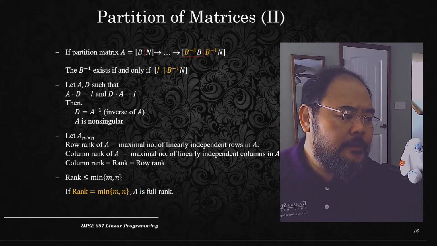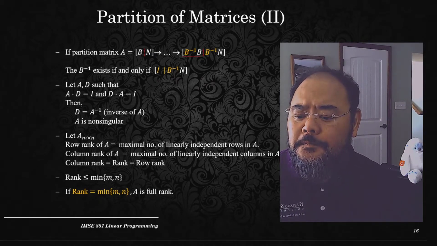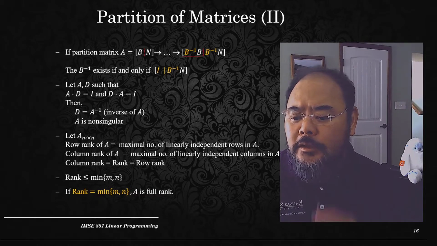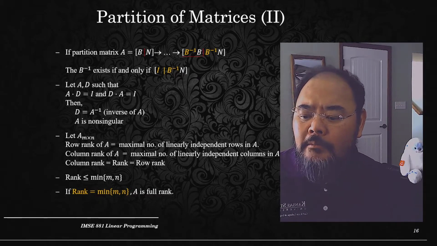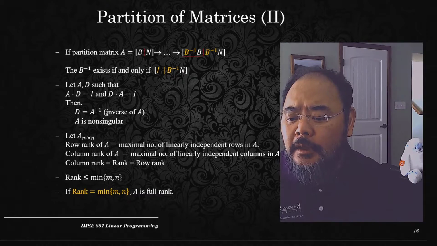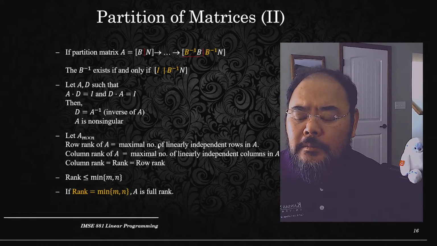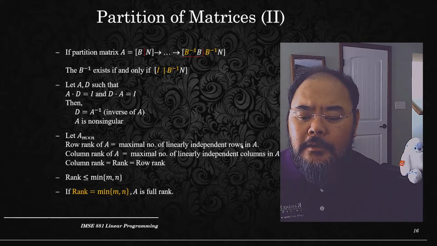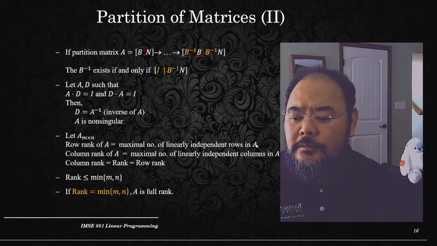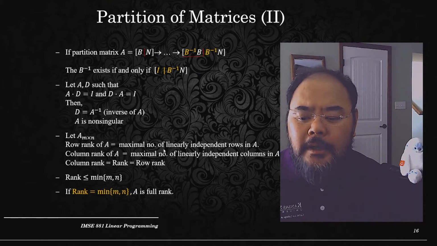So this is what we have. Look at the rectangular m by n matrix A. The row rank of A represents the maximum number of linearly independent rows in the A matrix. Since I have m rows, the maximum could be m, but may not be.